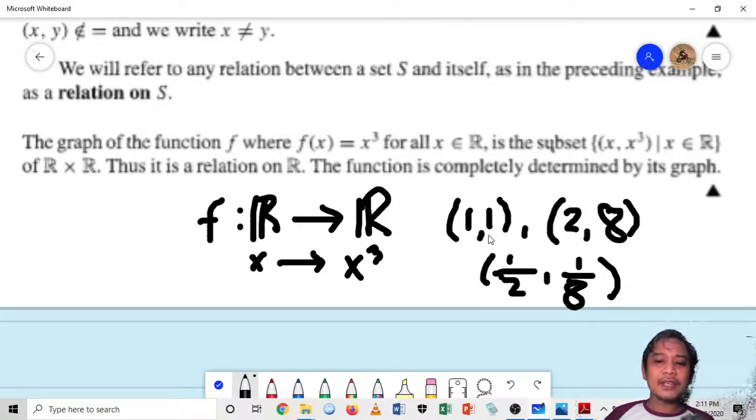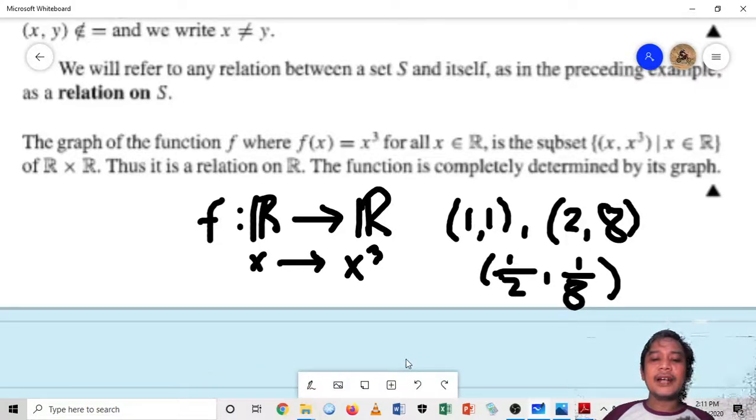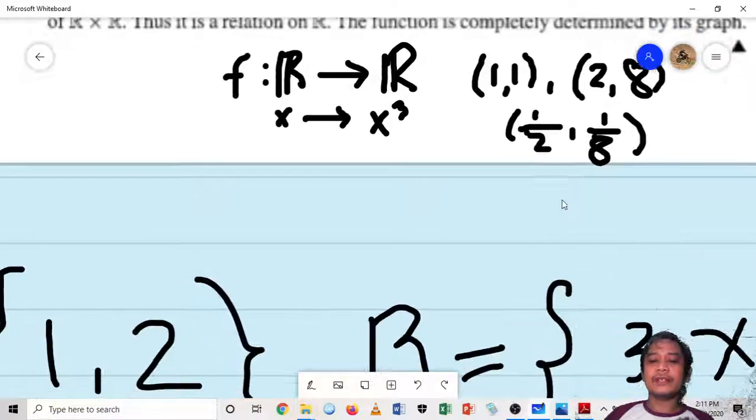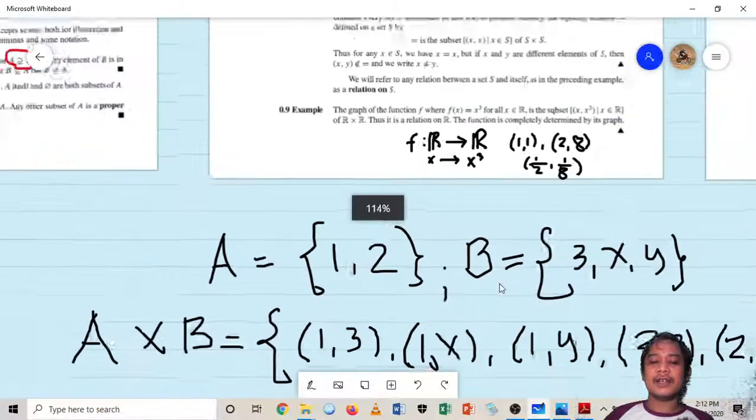Now, as I've said earlier, if we are to collect all possible elements, then plot them on the Cartesian plane, we would be able to form a graph or a curve. So it should look like this, for example.